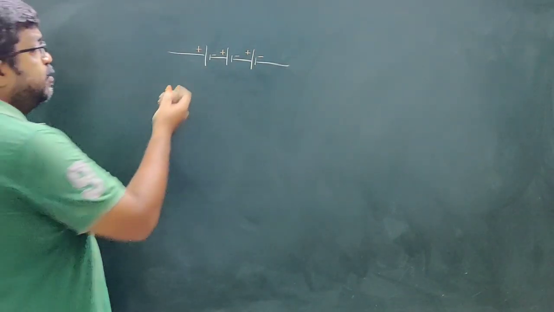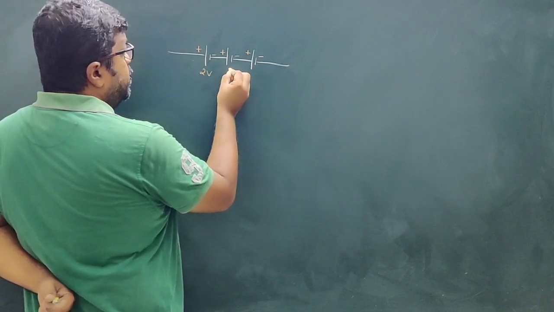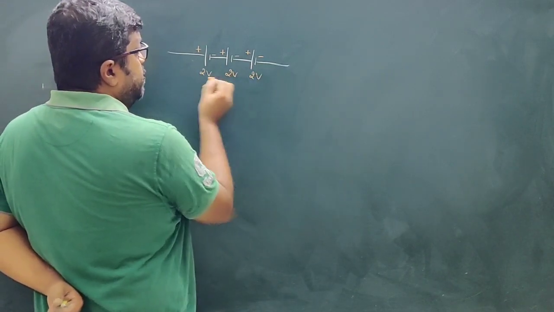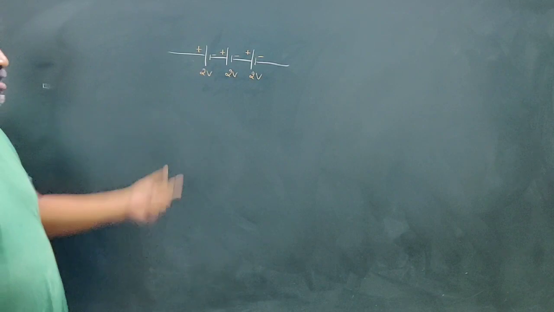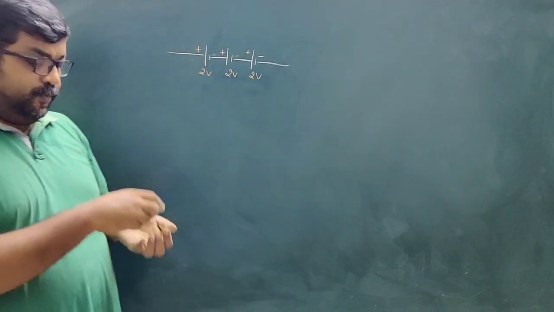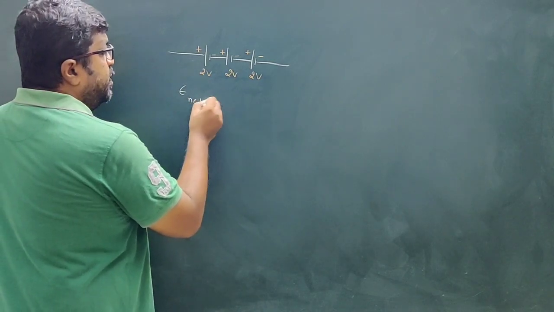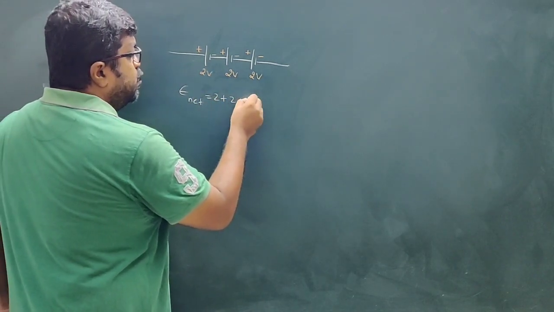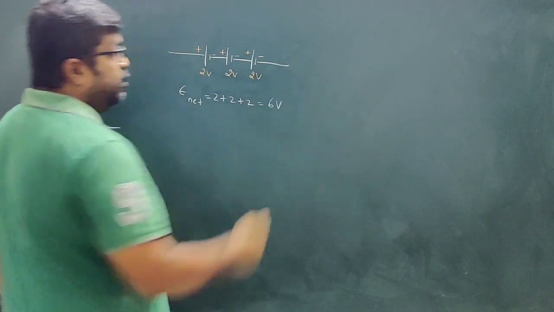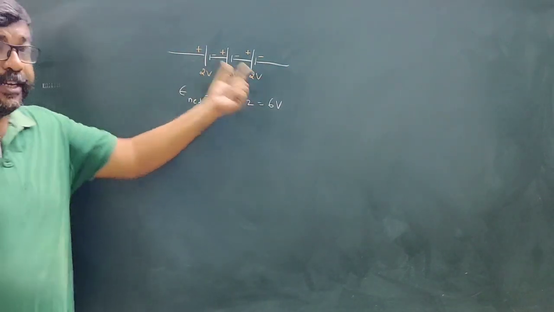Isn't it? So suppose this is 2 volt, this is 2 volt, this is 2 volt. That means the EMF of the 3 cells is 2 volt, 2 volt and 2 volt. So what will be the net EMF? Net EMF will be equal to 2 plus 2 plus 2, so that is equal to 6 volt. This is the correct connection.